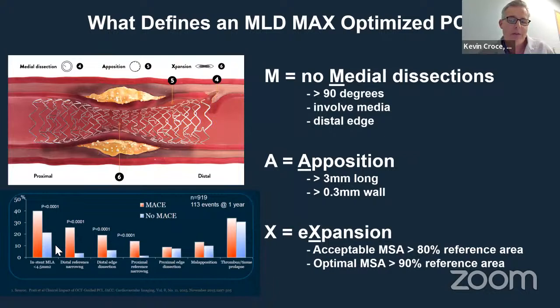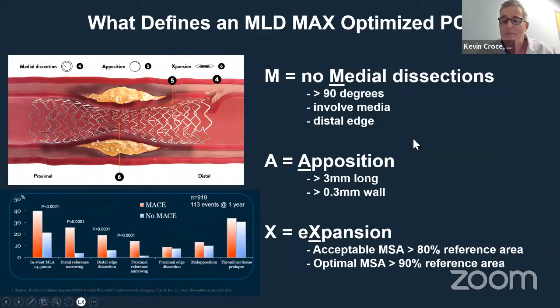The other thing we could look at is this OCT data set which shows you why stents fail. Small stents fail, landing in distal or proximal reference disease makes them fail, as do distal edge dissections. And so this really creates a scenario where we know these things create stent failure. We want to make sure in our optimized PCI that they are not present. And so that's what we're looking for in an MLD max optimized, goal-directed, protocol-driven PCI.